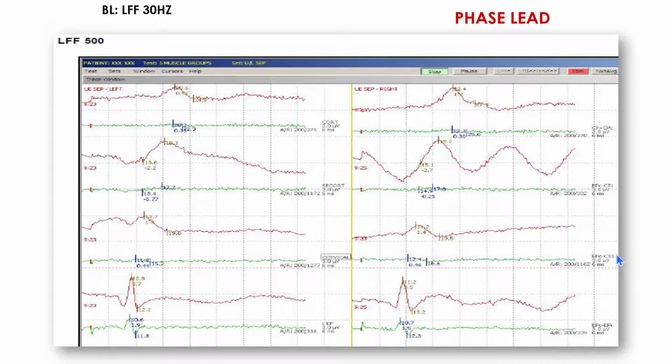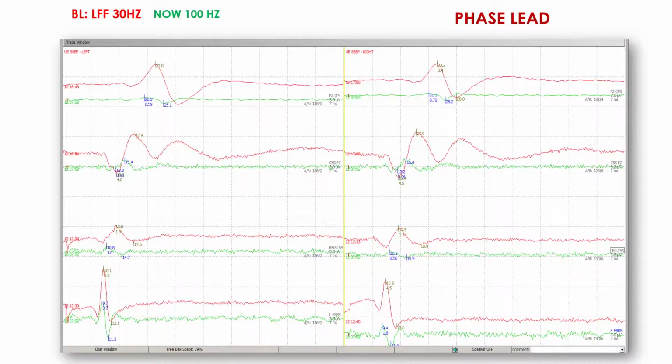I changed the low frequency to 500 Hz, so we're filtering out a whole bunch of the slow wave activity, and that's what the green is. Look, it basically blew it away, the corticals and the subcorticals. It didn't so much the Erb's point because that's a faster frequency wave, but it did cut it at least in half. So excessively using the low frequency filter causes what's called a phase lead.